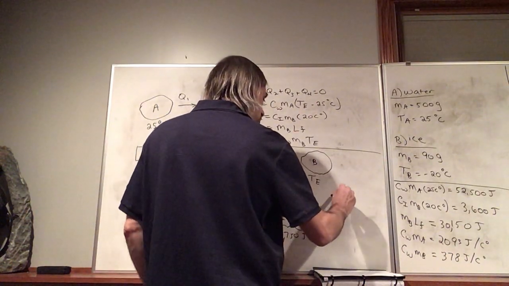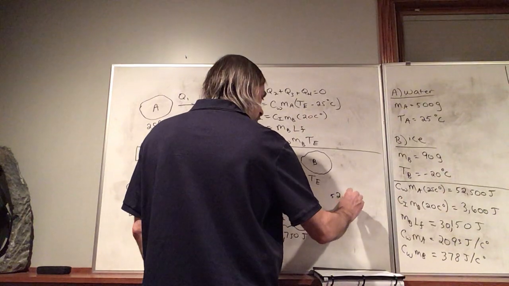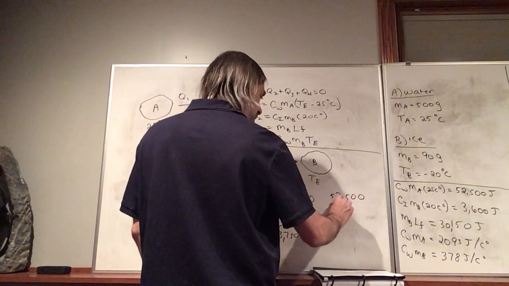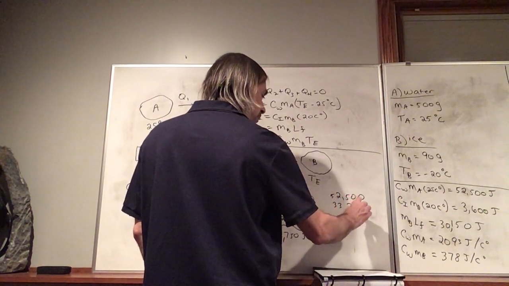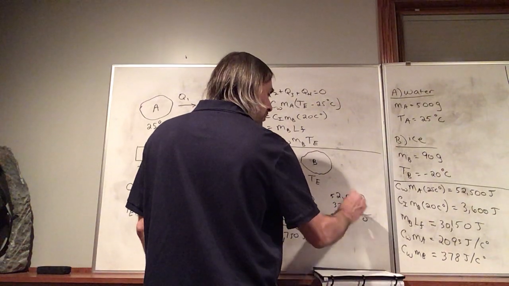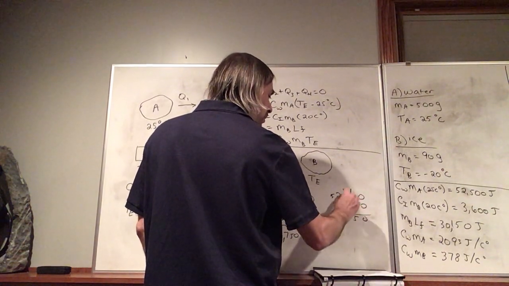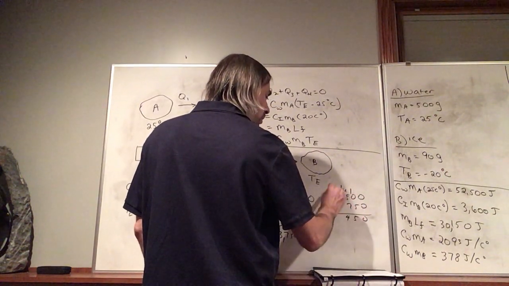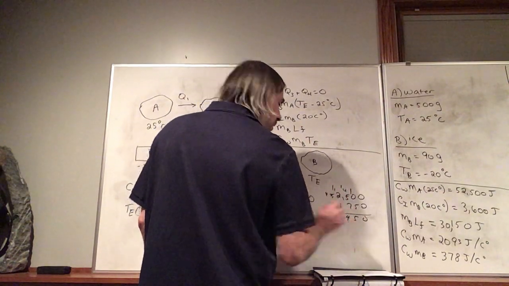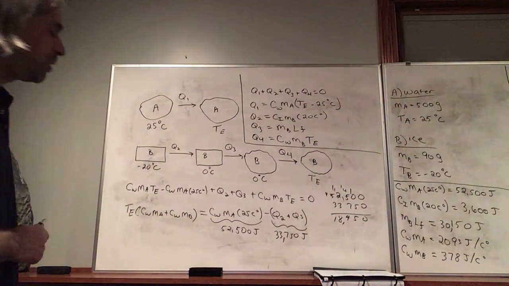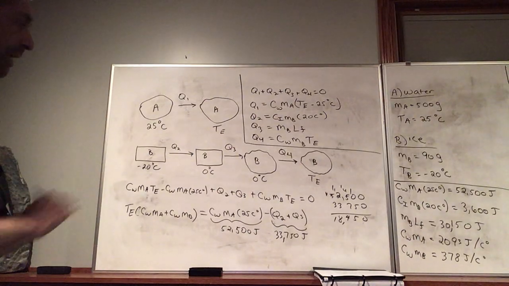So now we can subtract these, and this is just a number. 52,500 minus 33,750. Let's subtract. Getting 18,450 on the right side.